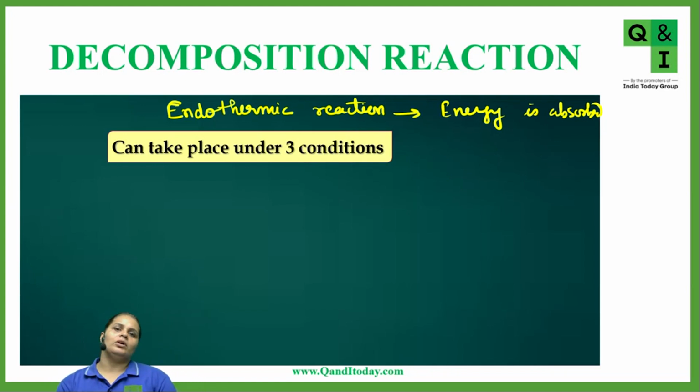Always remember, whenever bonds are broken, when we break the bonds, it requires energy, and when a bond is formed, then energy is released. This is a general thing I'm telling you.